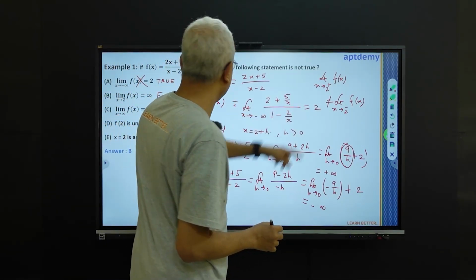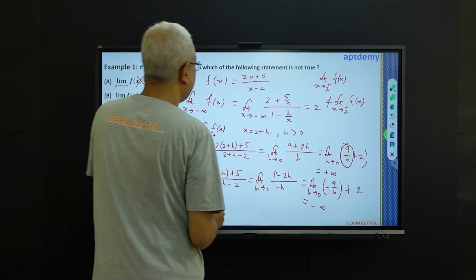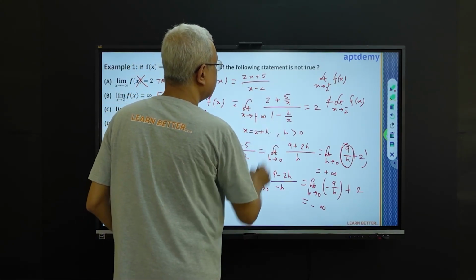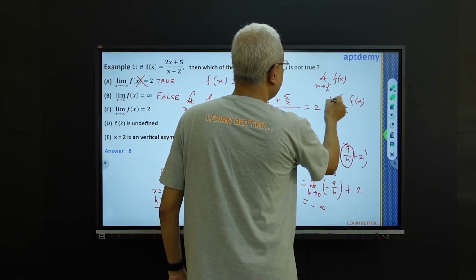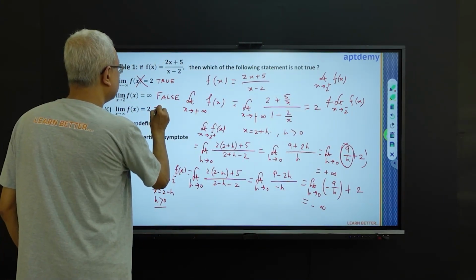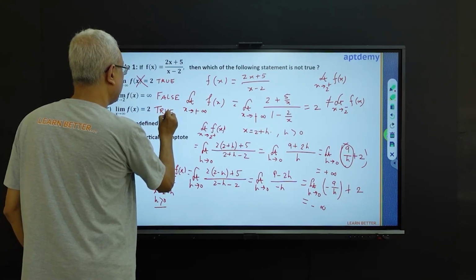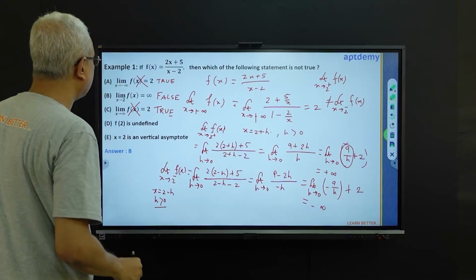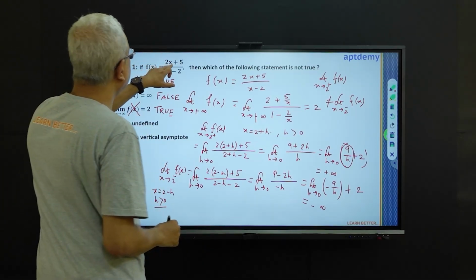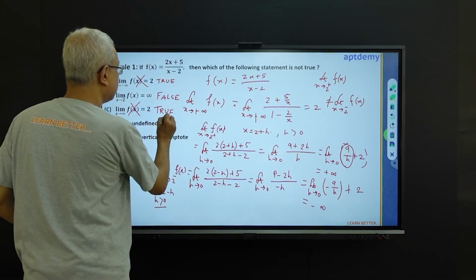Here also it becomes 2. So this is a true statement. So this cannot be the right answer. F(2) is undefined. F(2) is definitely undefined. So it is a true statement.